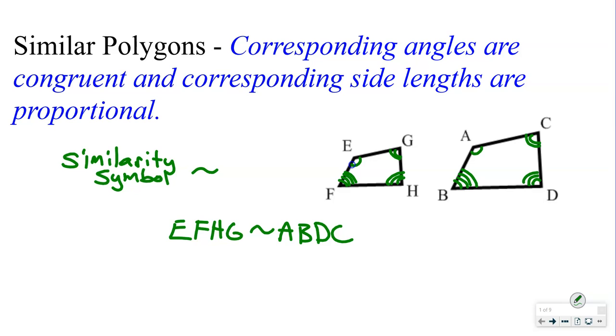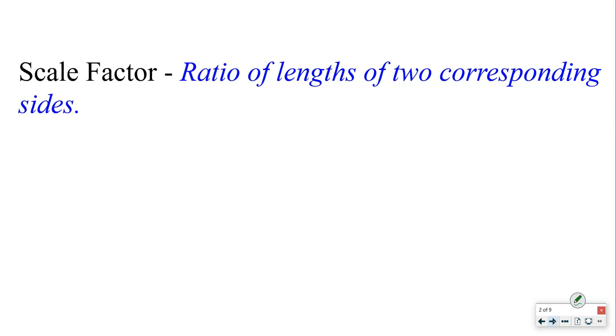So whatever side length EF is over AB, that is going to be equal to the same ratio as EG over AC or GH over CD. They will all have the same proportion or same scale factor. And the scale factor is your ratio of lengths of two corresponding sides.